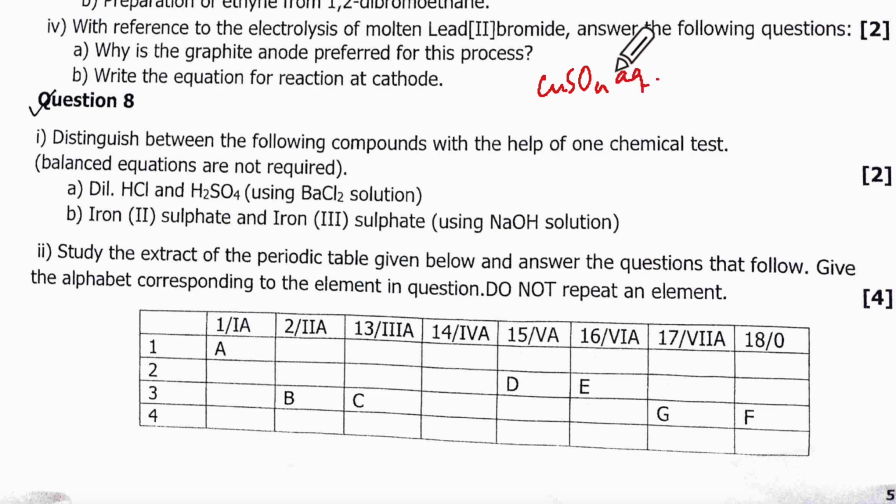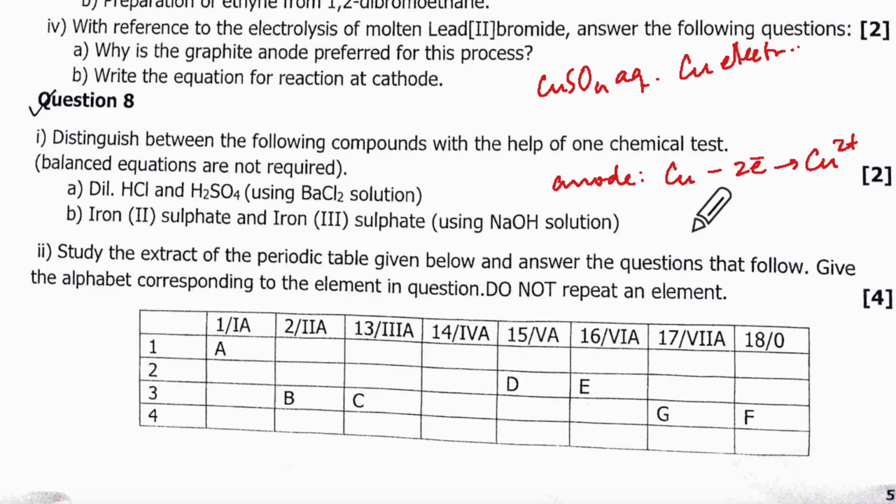Now talking about being discharged, if I have CuSO4 aqueous, the electrolysis using copper anode, copper electrodes, then you know that at anode Cu loses electrons, correct? And what is the cathode reaction?